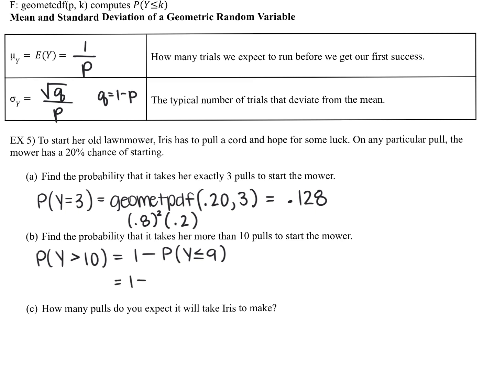So we're going to do 1 minus geometcdf with 0.20 and 9. We get 1 minus 0.8658, which is 0.1342.